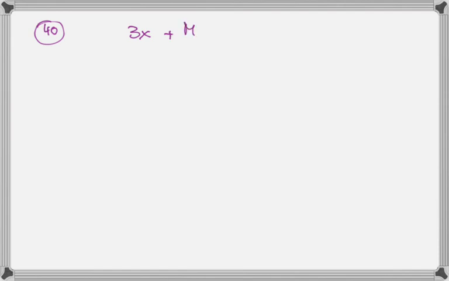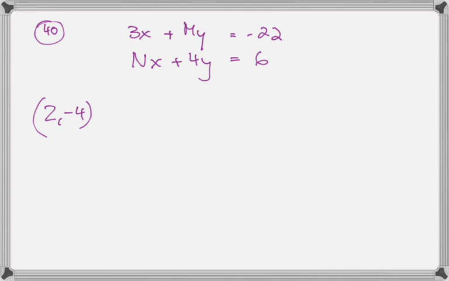3x plus my equals negative 22. nx plus 4y equals 6. Find m and n such that the solution is 2, negative 4. That is our solution. Now that's kind of an easier problem because you plug in. Let's plug this into the first one.